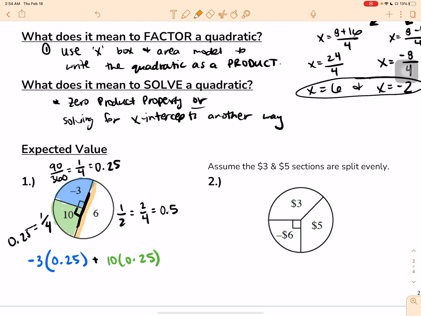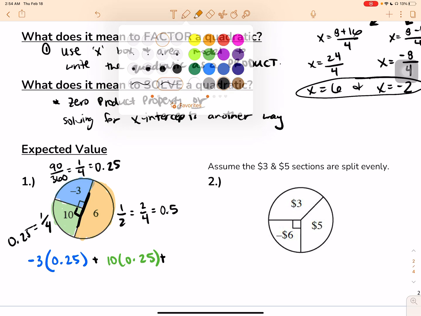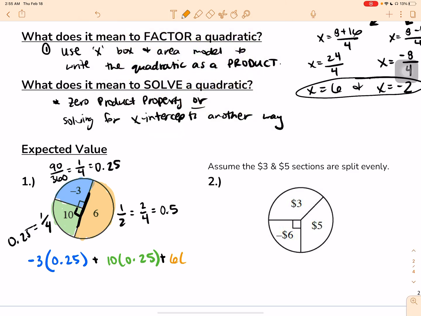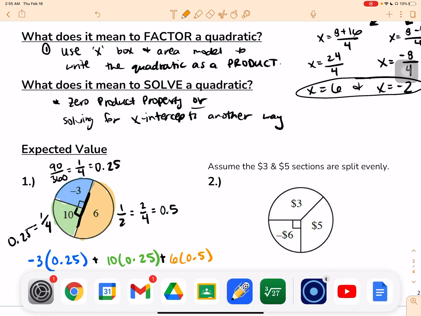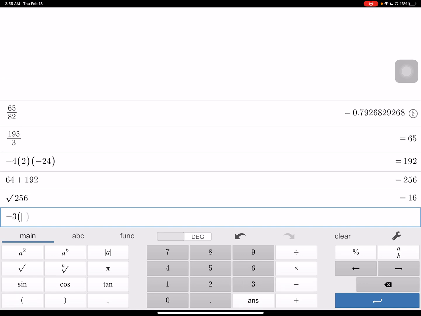All right, so for this half, you would earn a 6 if you land on it. That's not too bad considering the only negative here is a -3. So it sounds like you guys could definitely come out on top depending on how much it would cost you, in an alternate universe, to spin this spinner. So this one would be 6 times 0.5. You can honestly put that directly into your calculator, like -3 times 0.25.